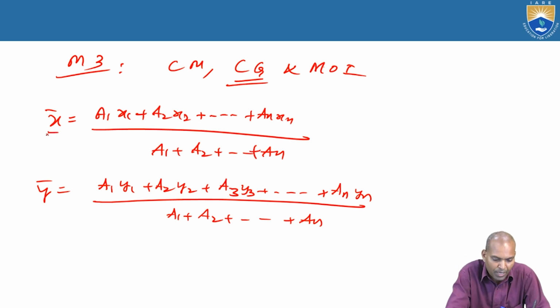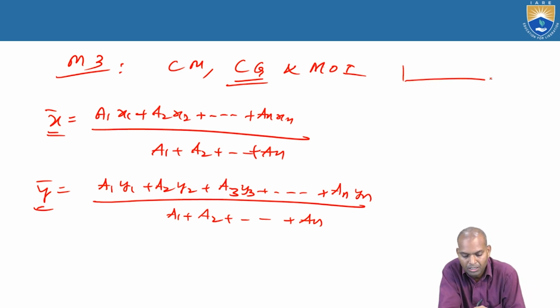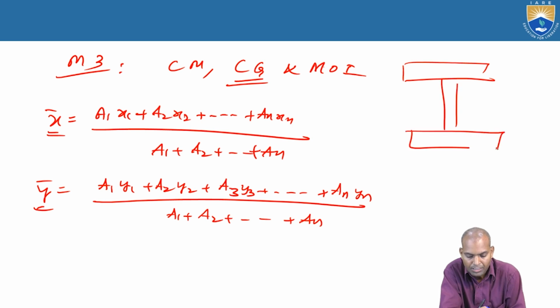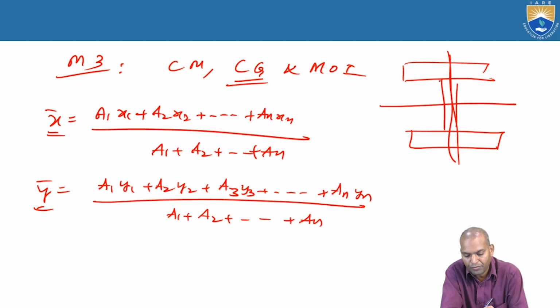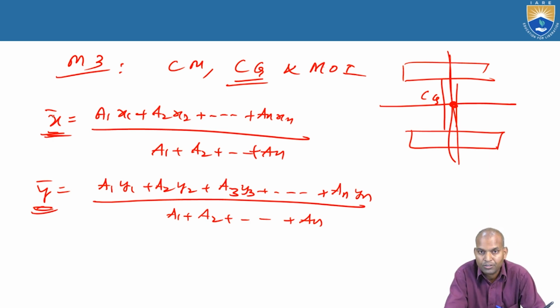Now the point is that this bar x and bar y represent the coordinates or location of the centroid of the system of planes. That's why it is a centroid. Suppose you are considering any I section or T section; it is symmetrical about both the x-axis and y-axis, so half of the total section's distance is the location of the centroid. If it is an arbitrary section, how do we locate the centroid? By using the derived expressions bar x and bar y, we can locate the centroid of those geometries.